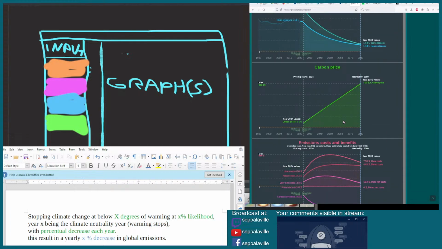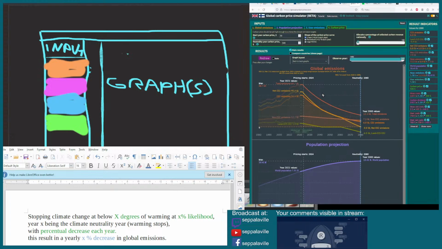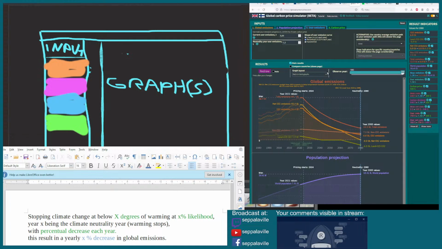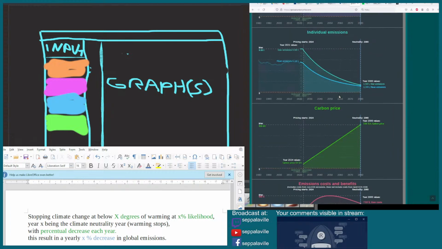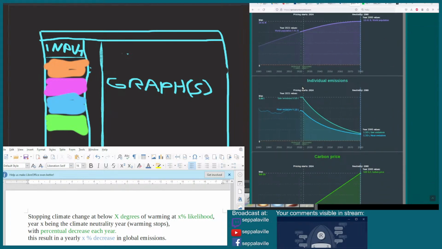There's a carbon price tab, and then there's a carbon price graph here. But then it starts to get tricky, I think already with what I have labeled here as a user emission tab, but the tab itself is called individual emissions.